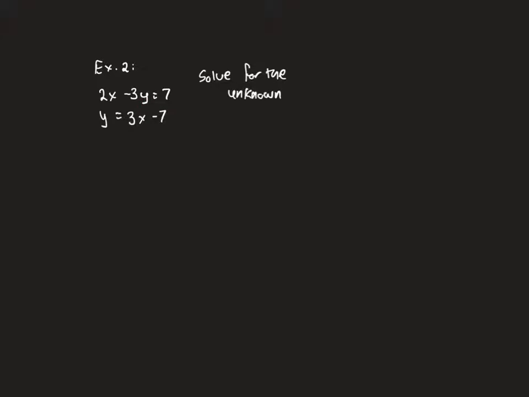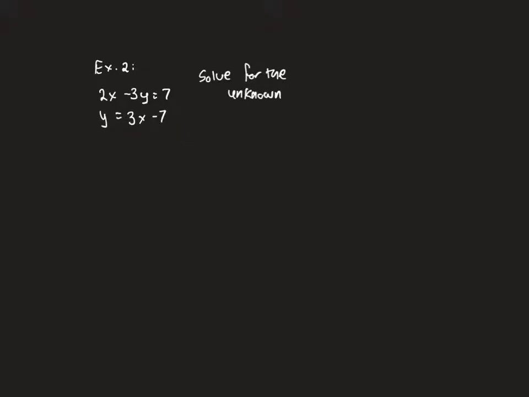You'll notice here that it's different. I don't just have here x is equal to 5, so I don't have a number here. What I do have, though, is this. I have the y by itself, and I'm telling you y is equal to 3x minus 7.